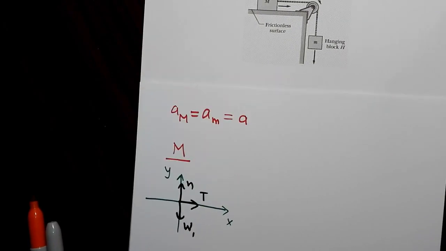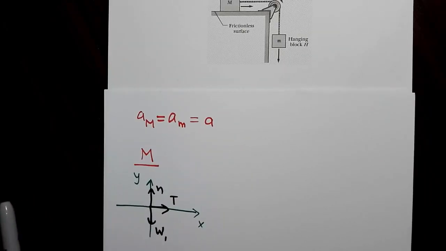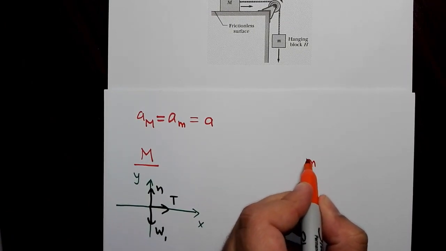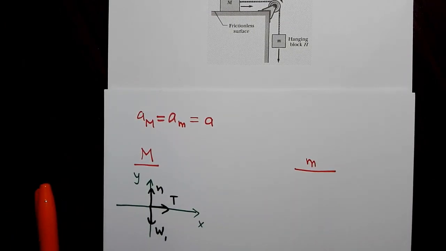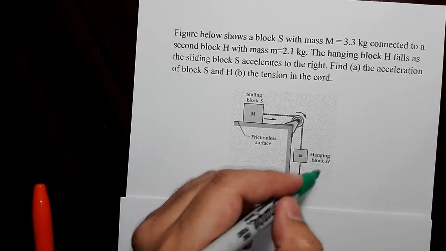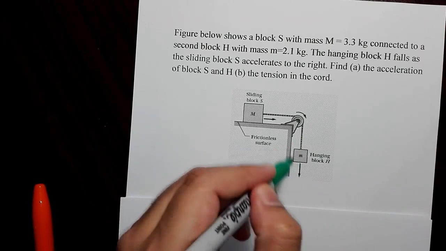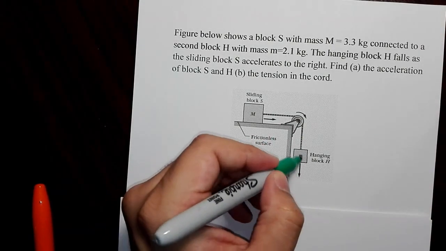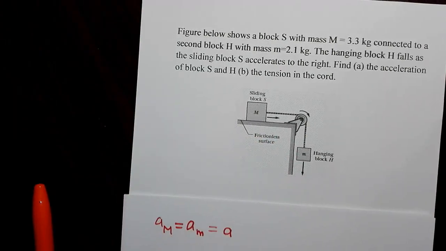Okay. Now for the small mass m, the free body diagram is this. There are no horizontal forces on this mass. It's a hanging mass, so there is tension going upward and weight going down.